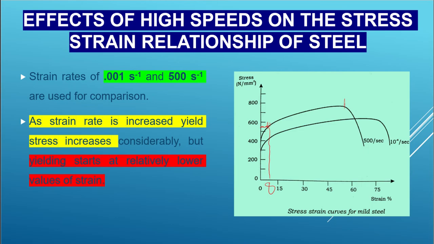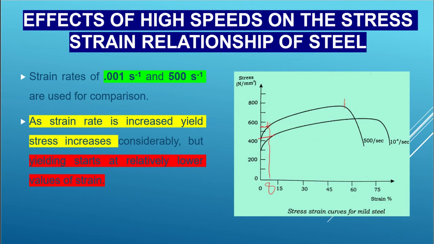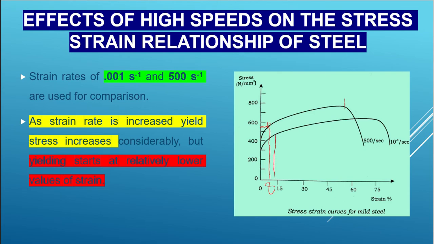But when the experiment was repeated at 10 raised to minus 4 second raised to minus 1, obviously the yield strength was low, right? And after that, yielding starts at higher values. Yield strength is this one, but yielding starts at higher values, this one.